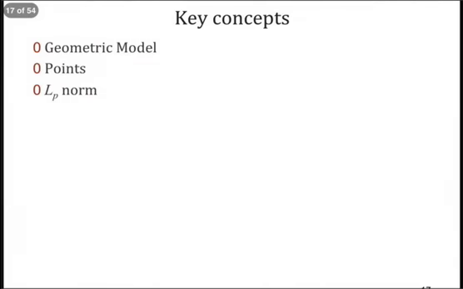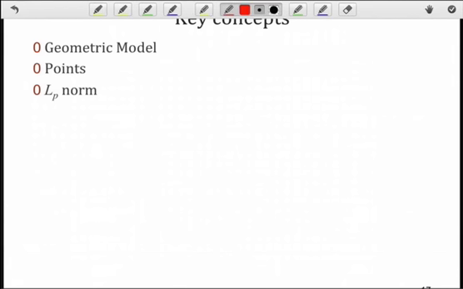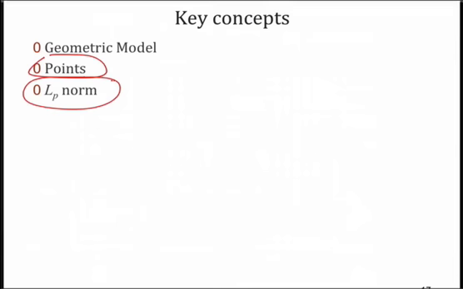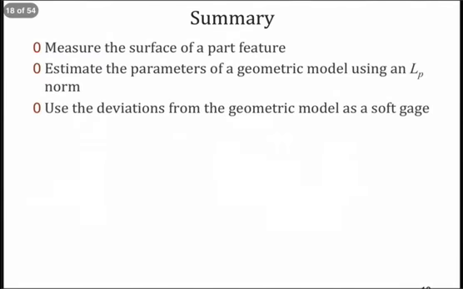So the key concepts to remember here are: what is the geometric model that we are trying to use as a soft gauge? How do we collect the points associated with our surfaces? And what kind of technique are we going to use to determine this geometric model, because it will have major impact on your results.